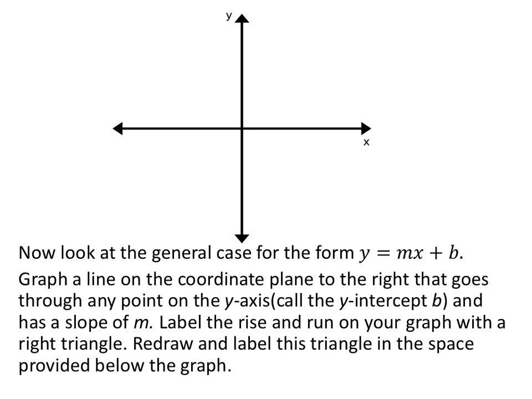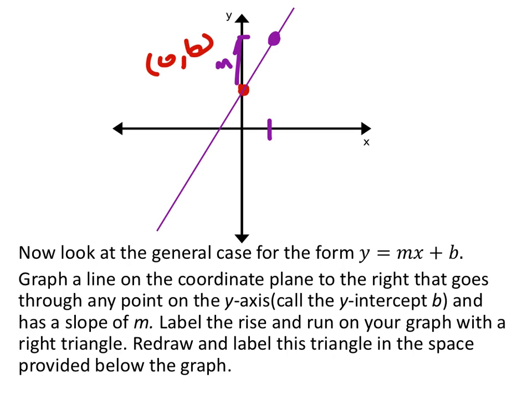We're going to graph any point on the y-axis, and we're going to call that value b. So as an ordered pair, it would be (0, b), like this. And then it's going to have a slope of up m, right? So this is up m. And then to the right one, like this. So that gives us a point right here.